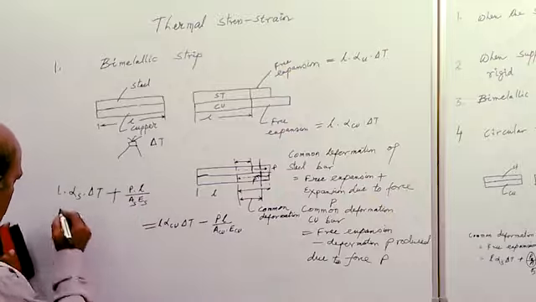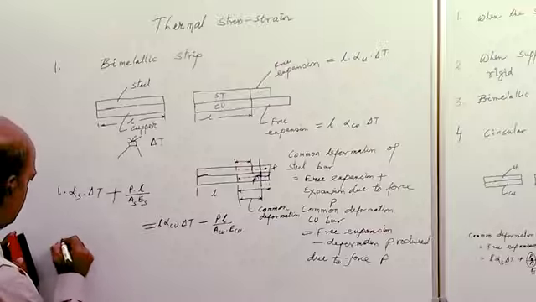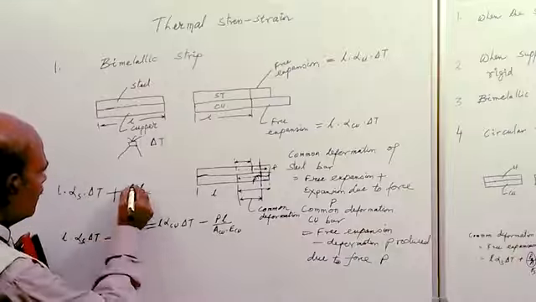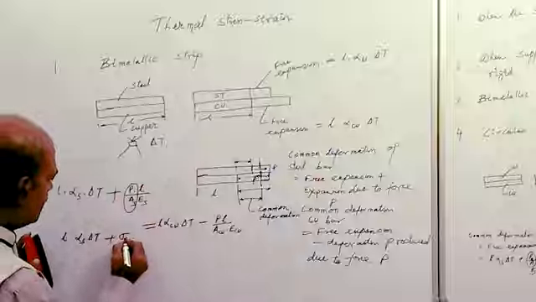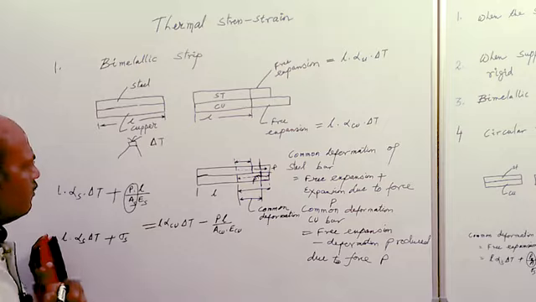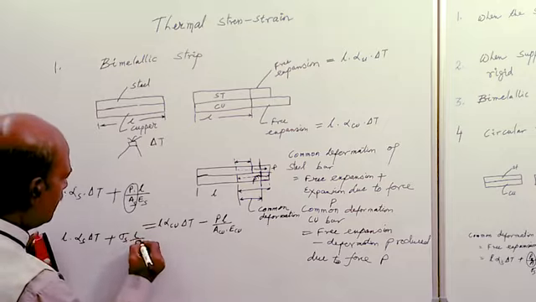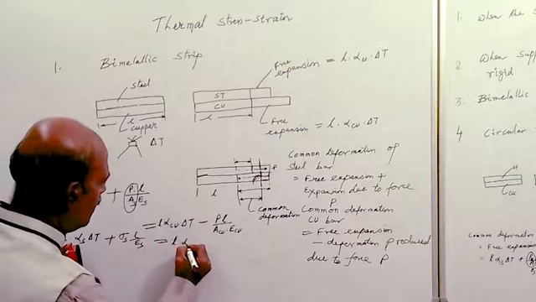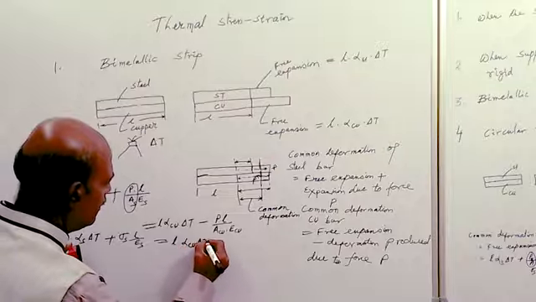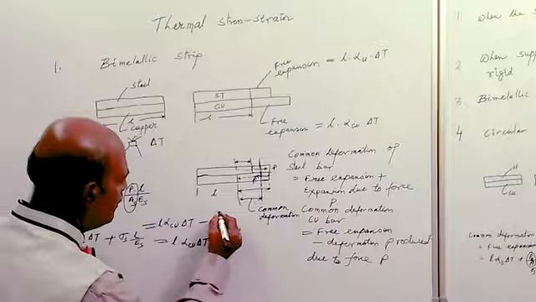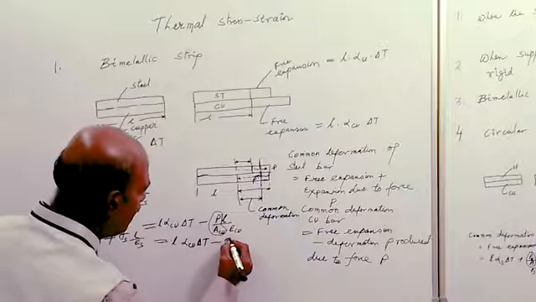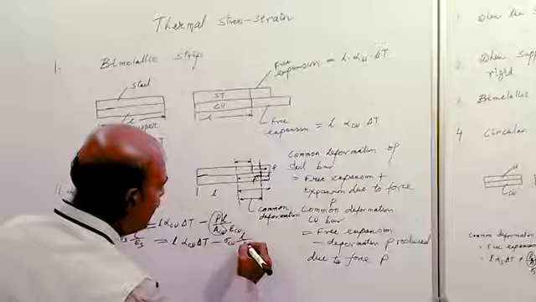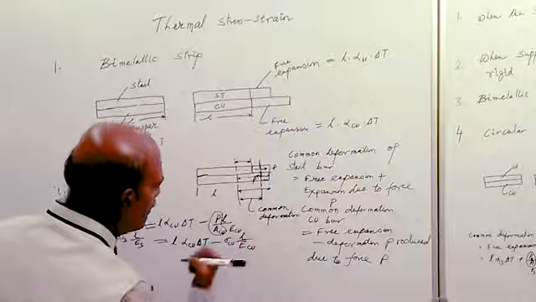So we can again reduce this formula: L into alpha S into delta T plus P by A S, which is sigma S, the stress developed in the steel bar, into L by E S, and that will be equal to L into alpha copper into delta T minus P by A copper, which is sigma copper, the stress developed in the copper bar, into L by E copper.